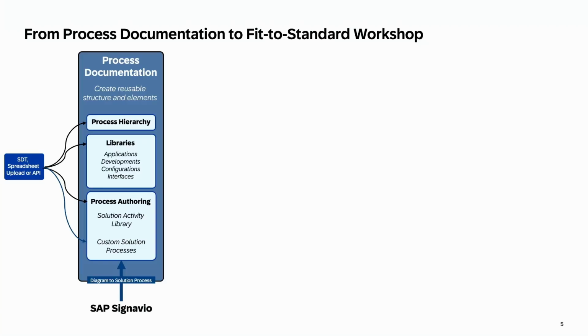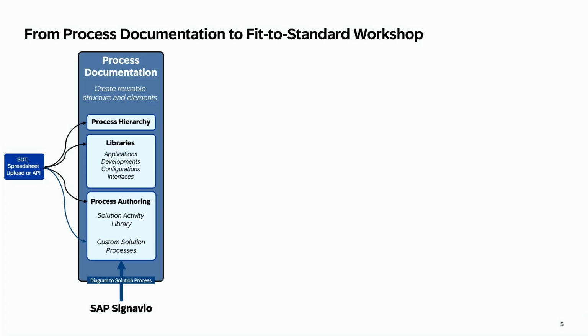So when you start in process management in Cloud ALM for implementation, you start by building up your process documentation. This means the creation of all your reusable project-independent elements. You first import process content like solution processes, diagrams, solution activities or process steps, the process hierarchy or library elements into Cloud ALM.